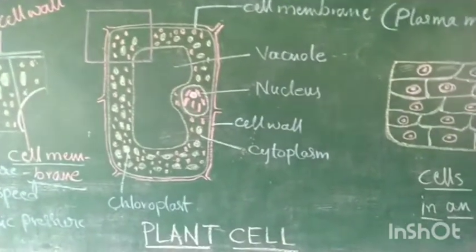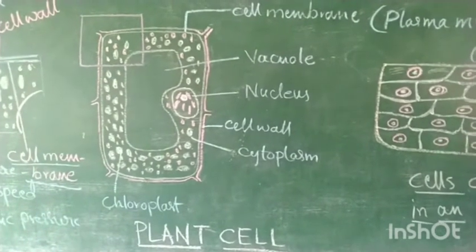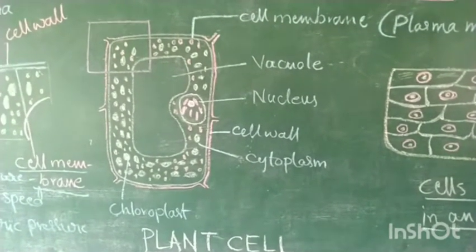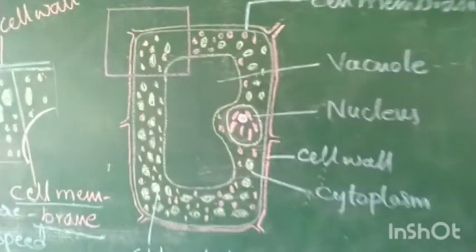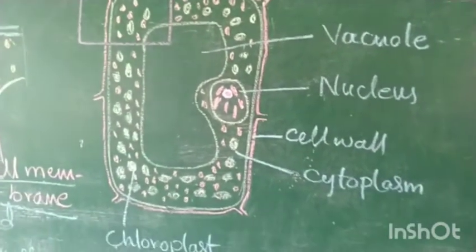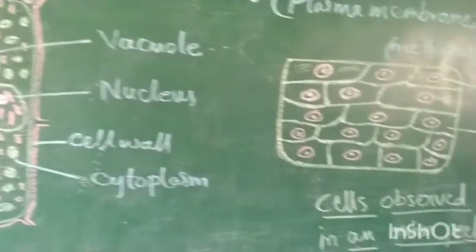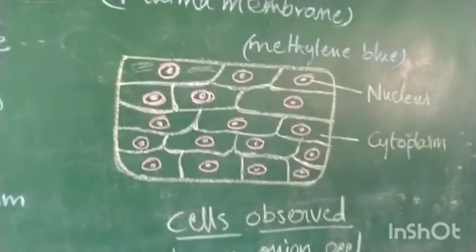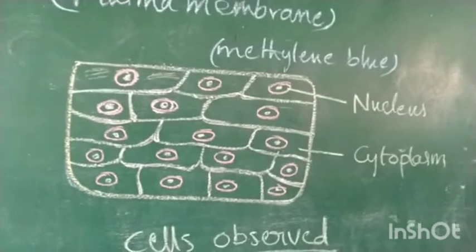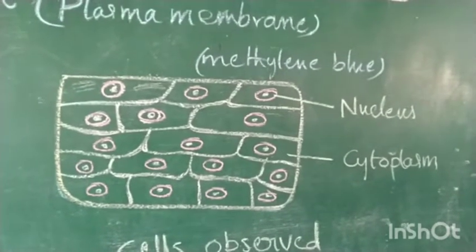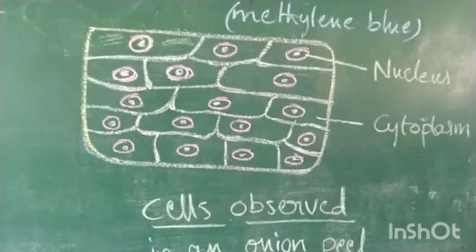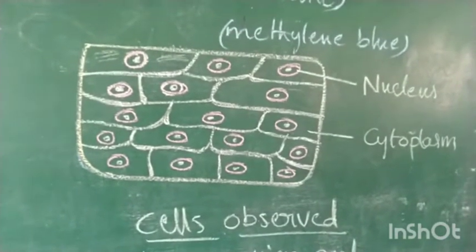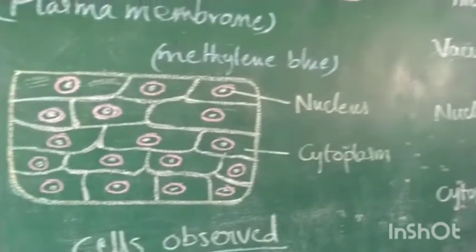You can see the parts of the plant cell: vacuole, nucleus, cell wall, cytoplasm, and you can see the innumerable number of chloroplasts inside the cell. When you observe the onion peels, the cells will look like this, which shows the thick cell wall, and next to that is a cell membrane.